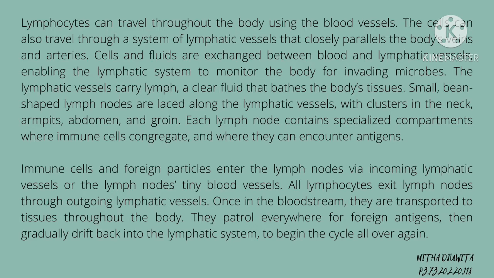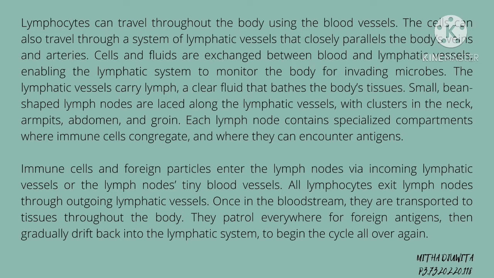Each lymph node contains specialist compartments where immune cells congregate and where they can encounter antigens. Human cells and foreign particles enter the lymph nodes via incoming lymphatic vessels or the lymph nodes' tiny blood vessels.